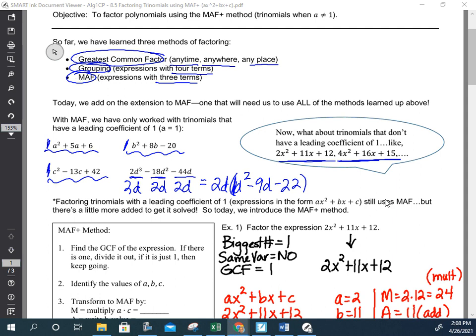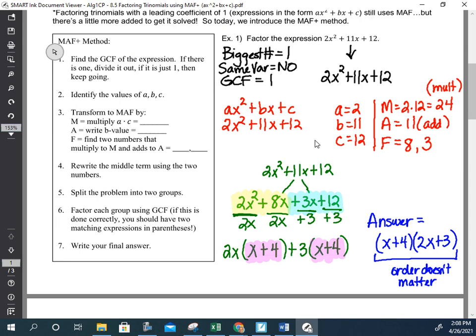So, today we're going to introduce the concept of MAF plus. How do we actually go about doing it? The first 2 examples are already done for us. That way, all you have to do is watch, listen, and ask questions.